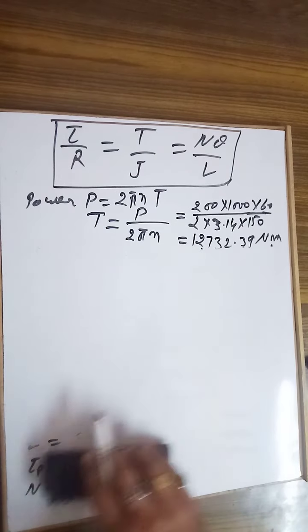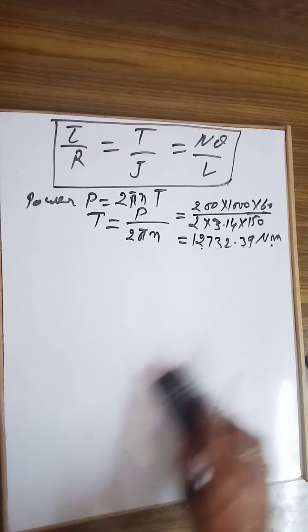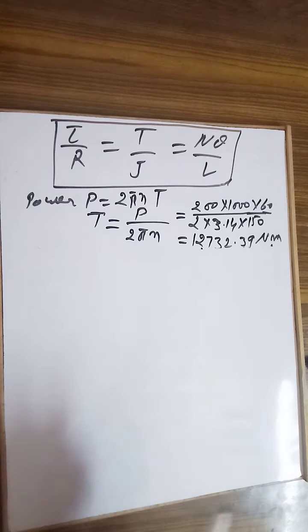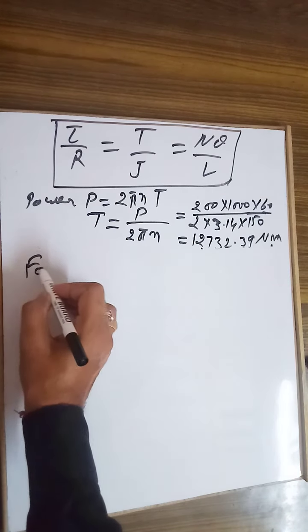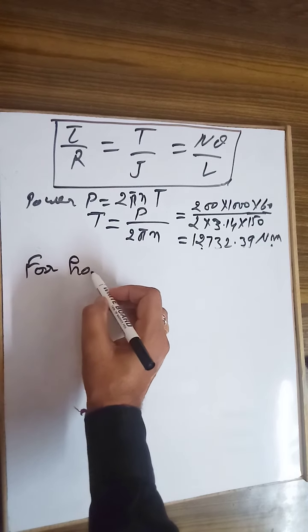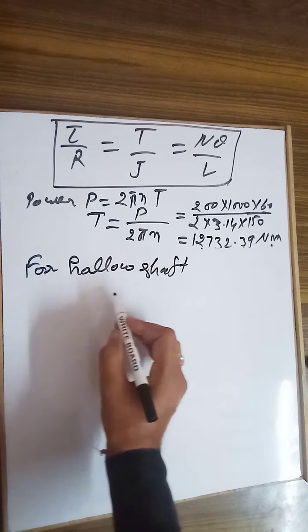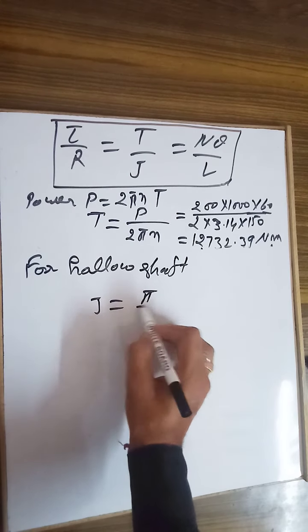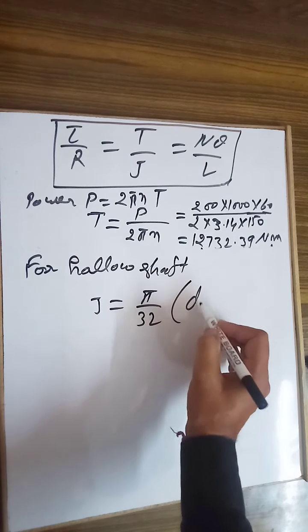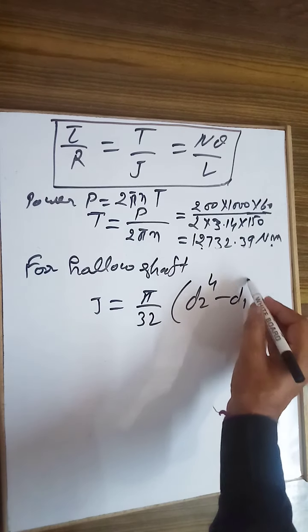We know that for the hollow shaft, J is equal to pi by 32 (d2^4 minus d1^4).